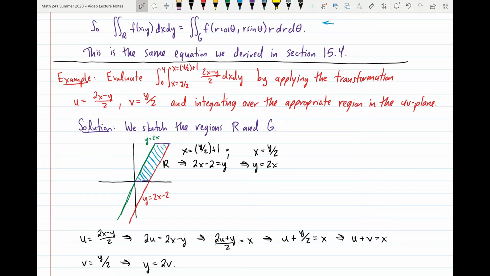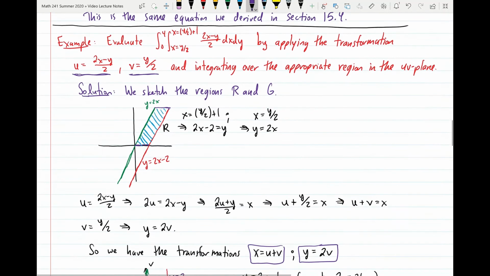And we want to evaluate by applying the following transformation. So the transformation is that u is going to equal 2x minus y over 2, and v is going to equal y over 2, and integrating over the appropriate region in the uv plane.